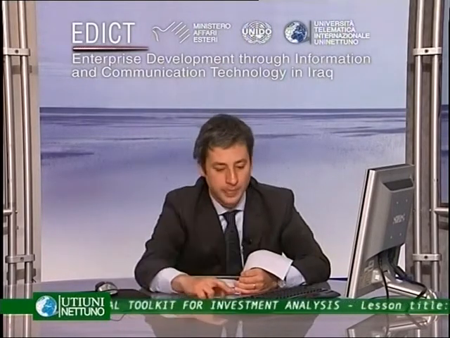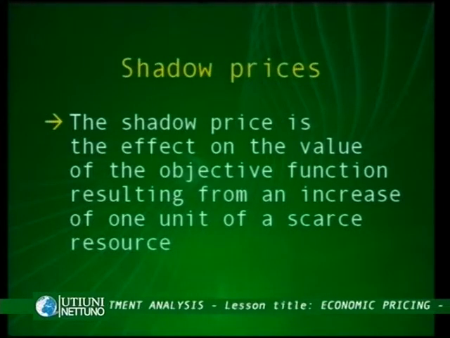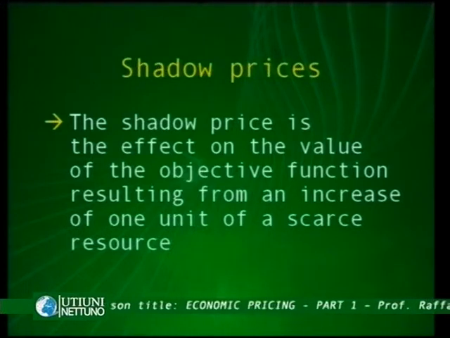That could be the gross domestic product, but could be also another indicator depending on the objective we are considering. So we can say that the shadow price is the effect on the value of the objective function resulting from an increase of one unit of a scarce resource.